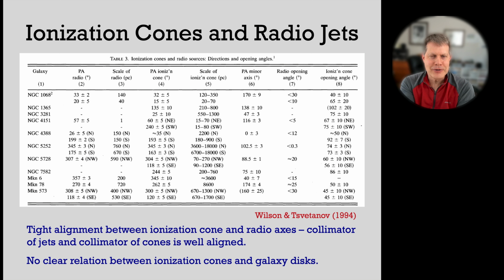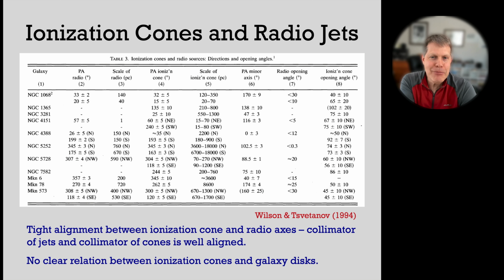So that tells you that there's an underlying structure to these systems, and once you pick your preferred direction, the system maintains a preferred direction pretty often, running all the way from very small scales where the radio jet is being launched, presumably, to the scales where the ionization cone is being made, which again is generally thought to be the obscuring torus. So these systems are lined up.